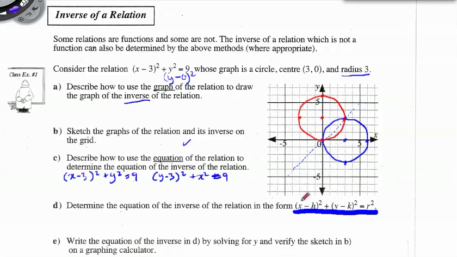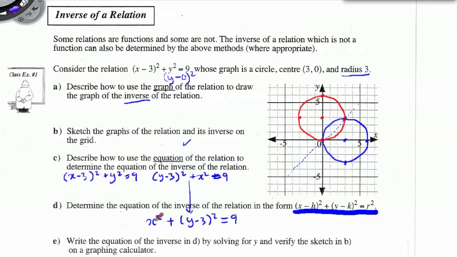Determine the equation of the inverse of the relation in this format. So really the x squared term should come first and the y squared term should come last. So we're taking this equation and we're going to rearrange it so that we have x squared plus y minus 3 all squared equal to 9.